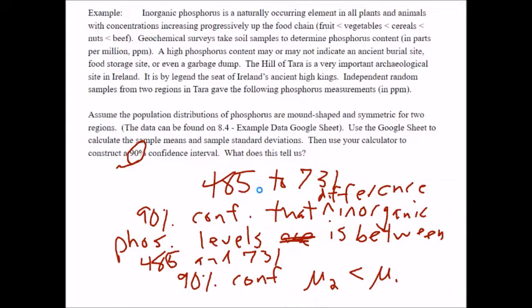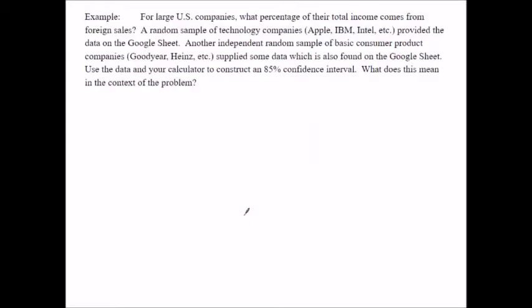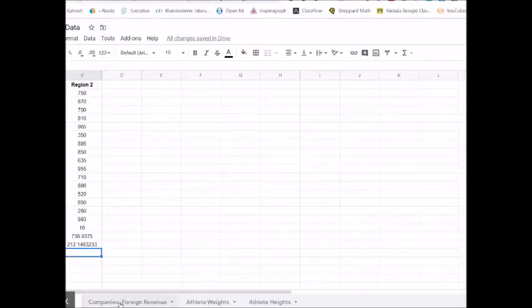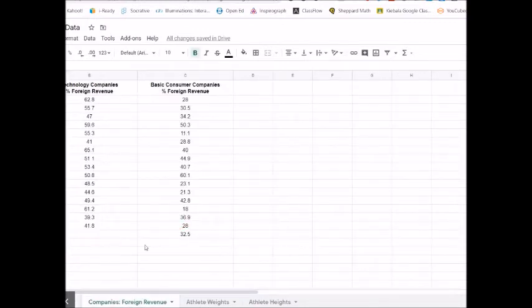So another example that we're going to do part on the computer, on the spreadsheet, companies' foreign revenue, and then we'll go to the calculator. In fact, I might speed things along.